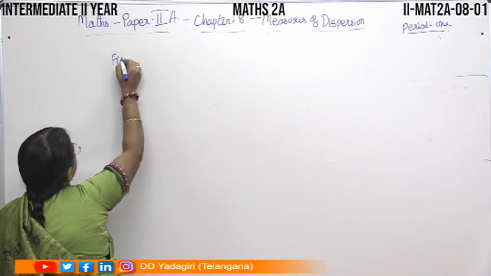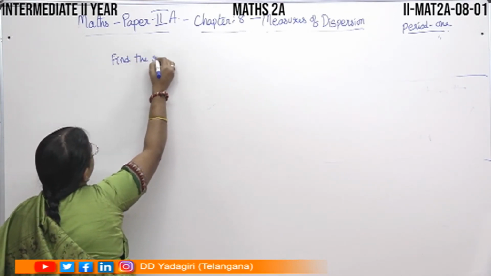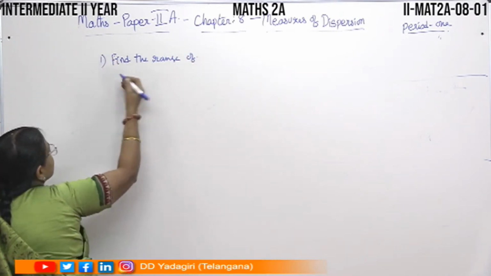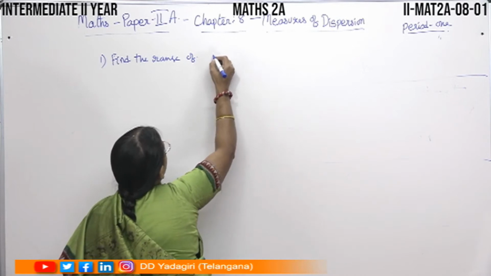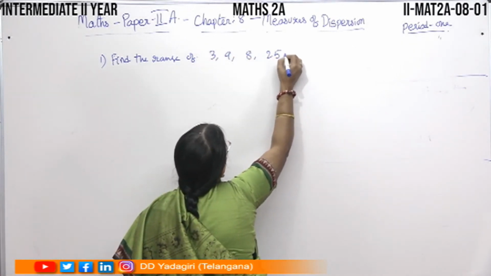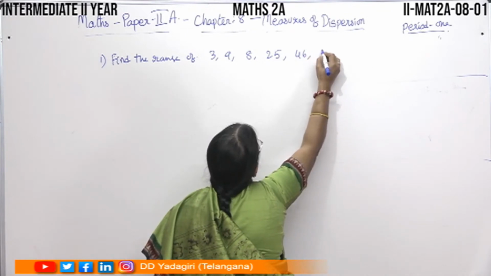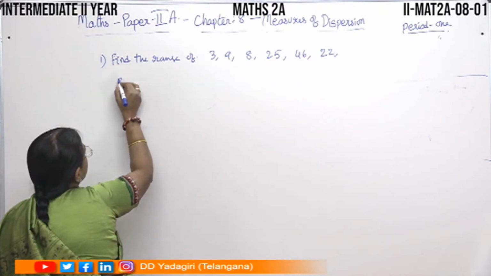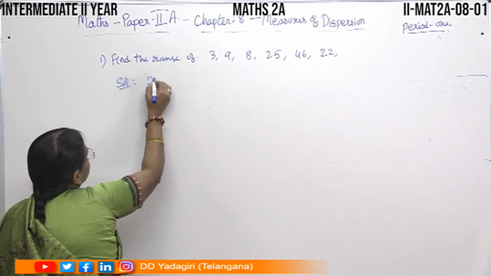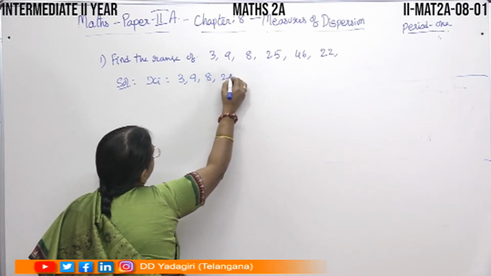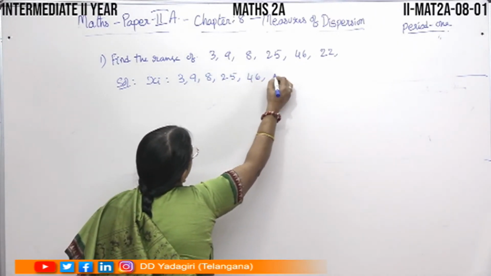Find the range of some points, like we'll take 3, 9, 8, 25, 46, 22. So the solution: you are given these x's: 3, 9, 8, 25, 46, 22.